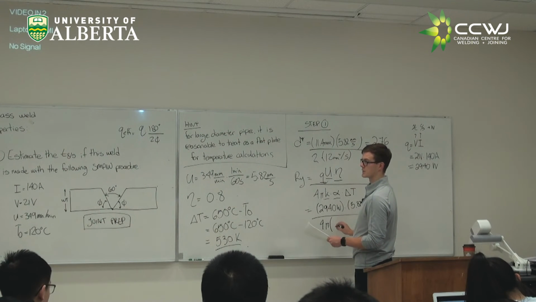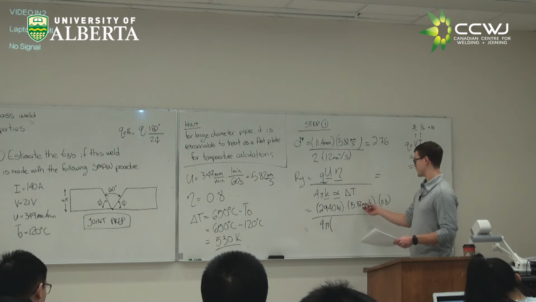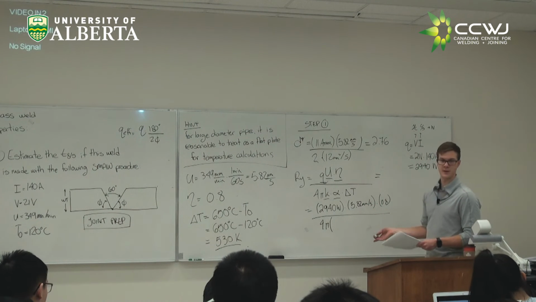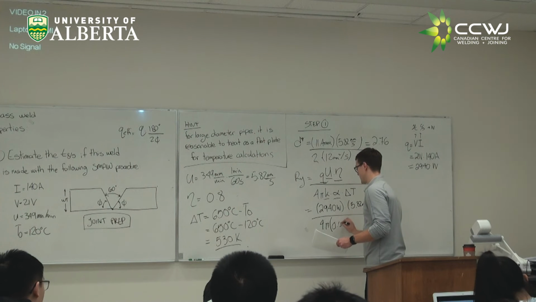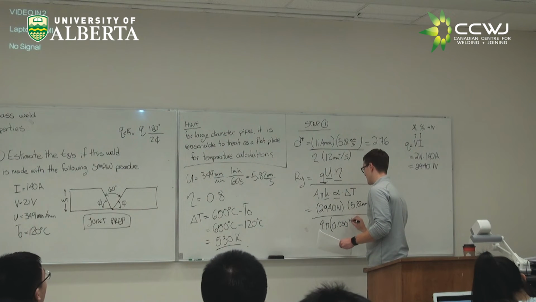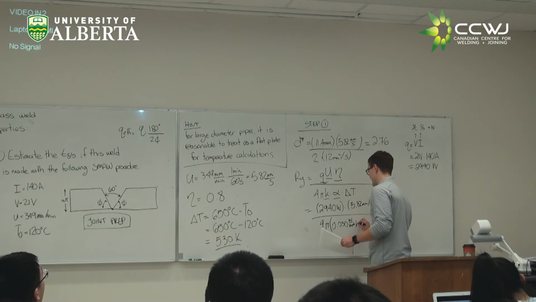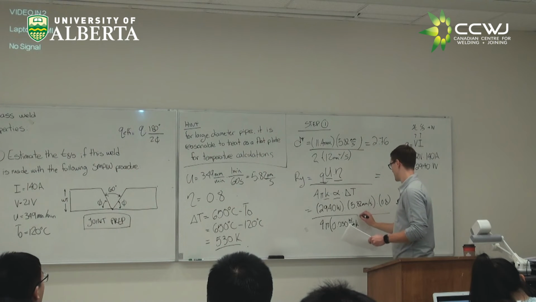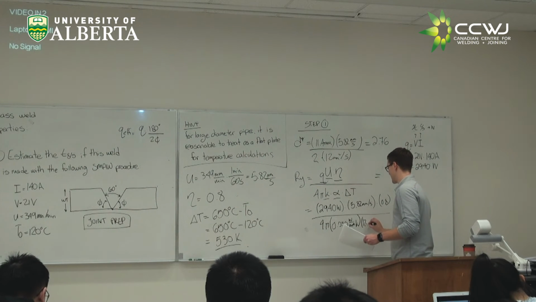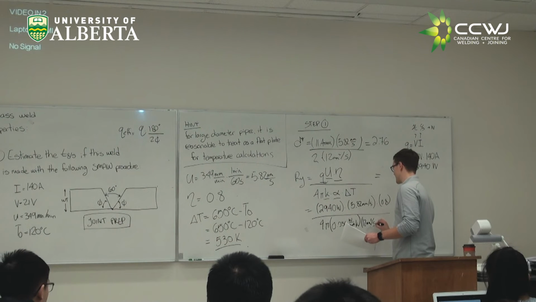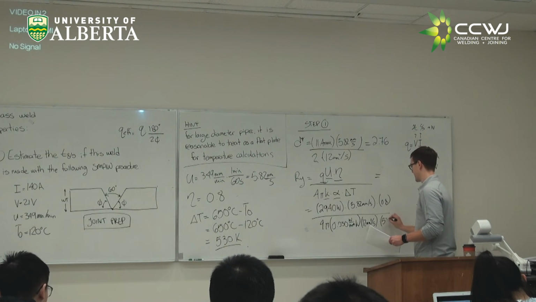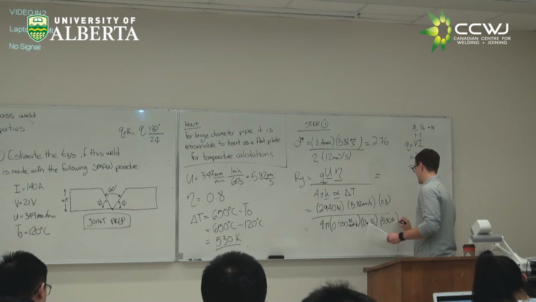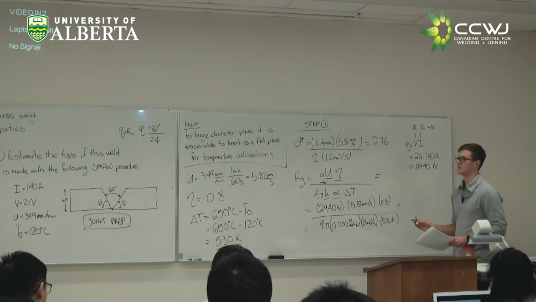We've been doing everything in millimeters because we were given most of our units in millimeters. So I'm going to suggest we convert our K into 0.050 watts per millimeter Kelvin, just to save us some time. Alpha, 12 millimeters squared per second, and our delta T of 530 Kelvin. So what does that give us?